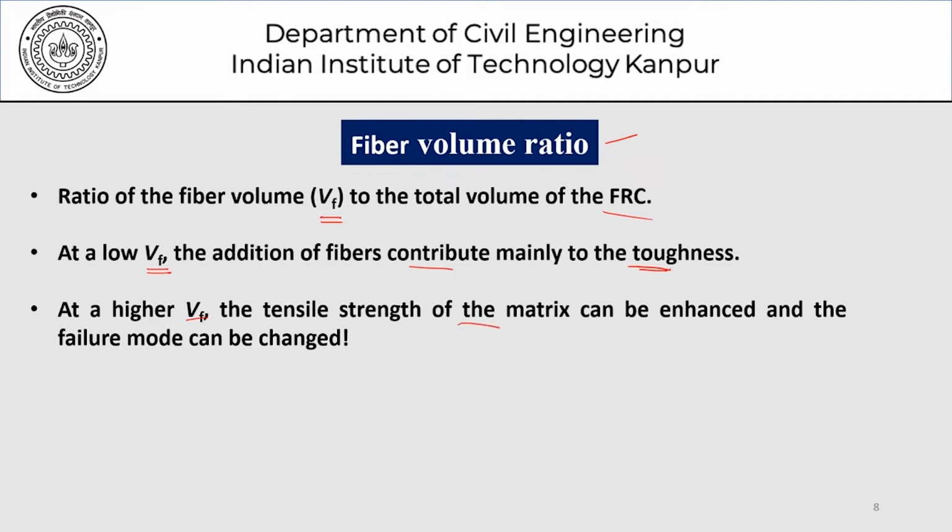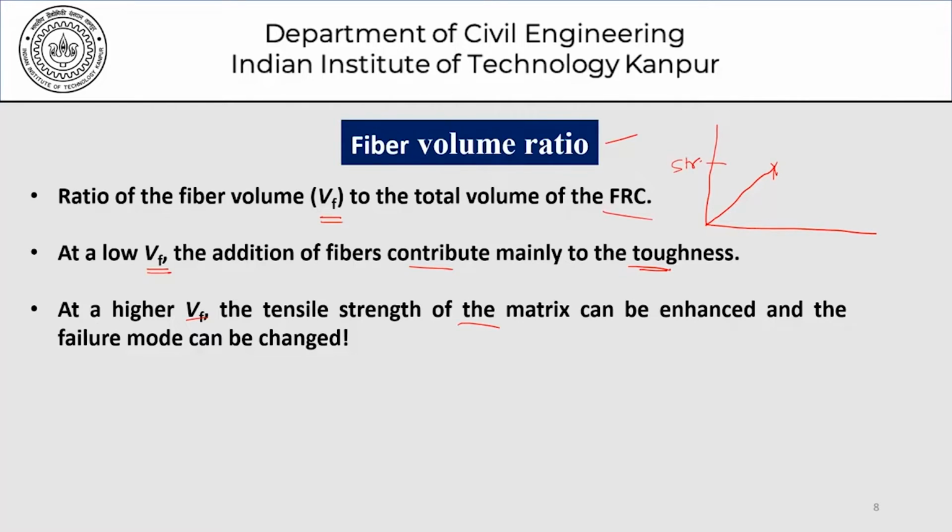At a higher volume fraction, however, the tensile strength of the matrix can also be enhanced and the failure mode can be changed. Now, we will see later that I can have a material. Let us not bother about fiber reinforced concrete. Let's talk of a simple material. We can have a material here which is going to fail somewhere here. So this becomes the strength of this material.